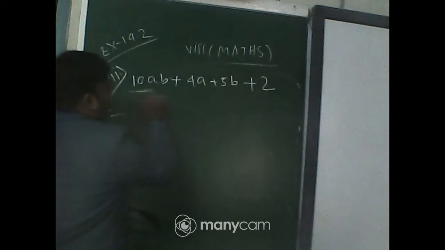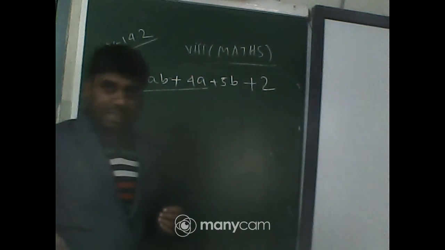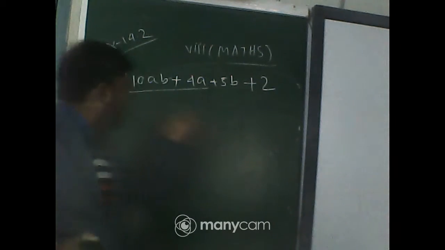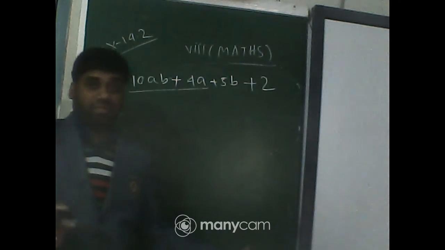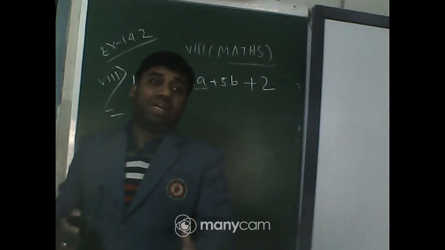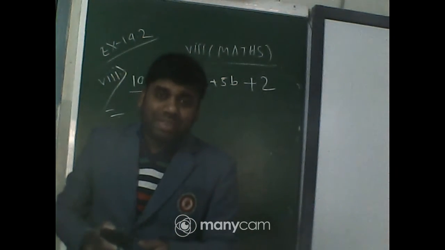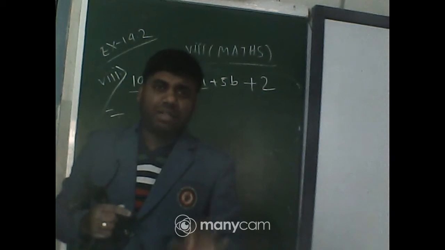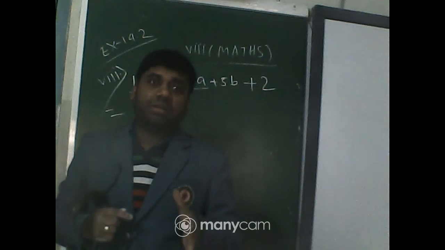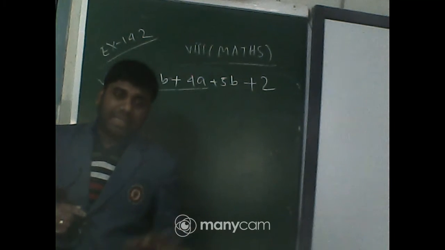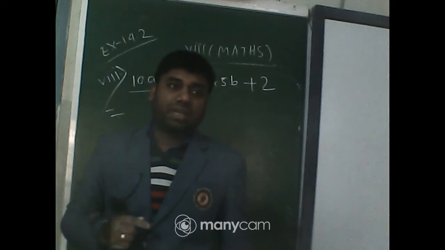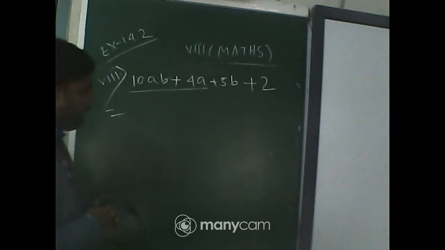If it is necessary, you have to take common from the first terms. You can rearrange the terms according to you. If you see that it is easier to take common after arranging the terms, you can arrange the terms.